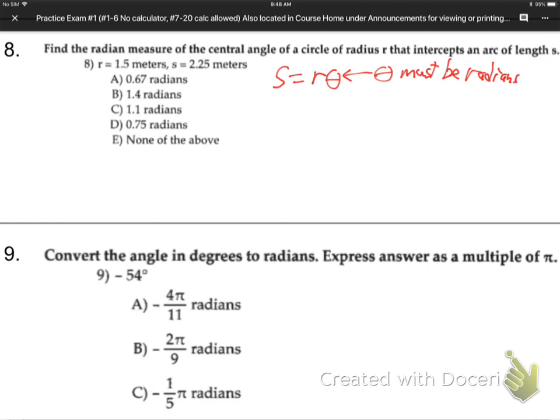So right now, if you're making a 3x5 card note, I would write S equals R theta, theta must be radians. Anytime I need a formula as I'm going through this practice exam, I would write it on a side paper or your 3x5 card that you're going to need.